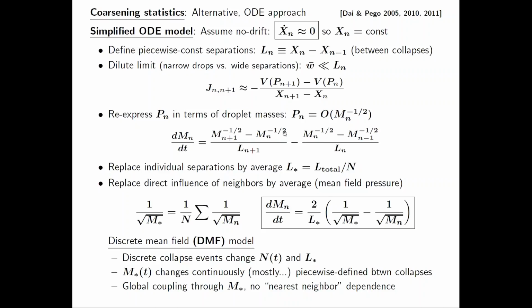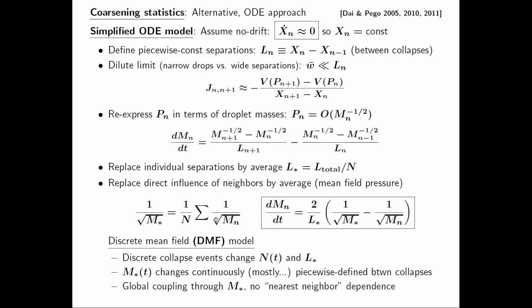I can further reduce this by trying to write a mean field model where I'm going to replace all of the neighbors of all of the drops by an average sense of what's this pressure that the nearest neighbors give effectively to it. So I'll replace the lengths by an effective average length scale between droplets, and I'll replace the masses or pressures due to the nearest neighbors by a weighted average mass.